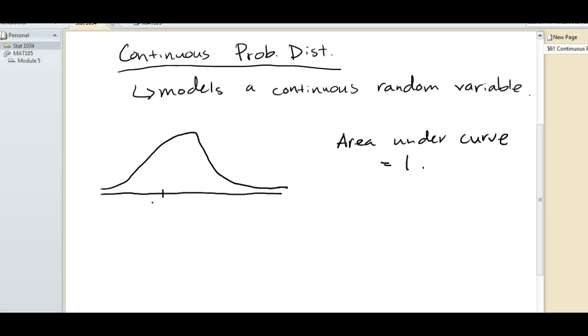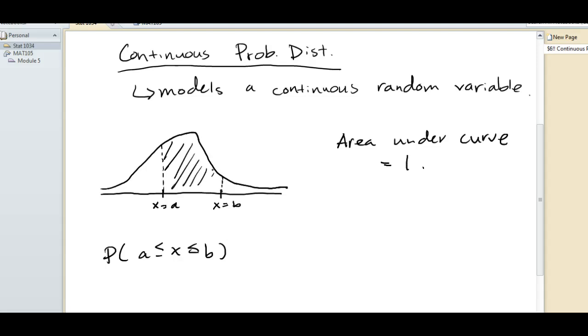So if we had some x equals a value and some x equals b value, then we could calculate the probability that our continuous random variable is between a and b by actually calculating the area between these 2 points.